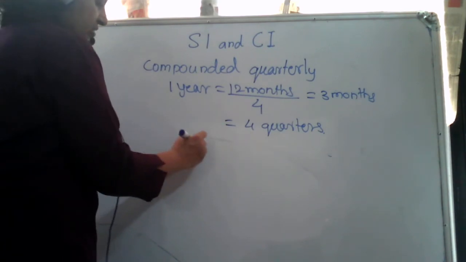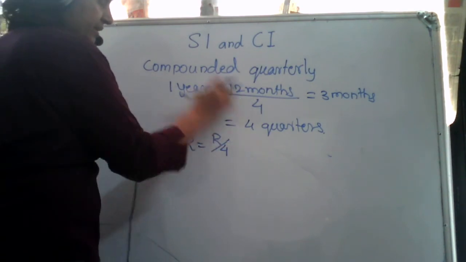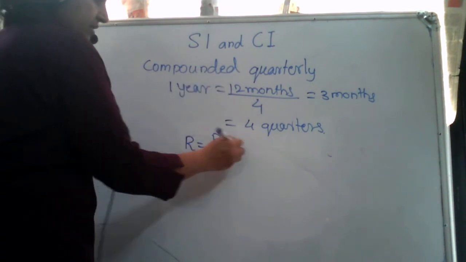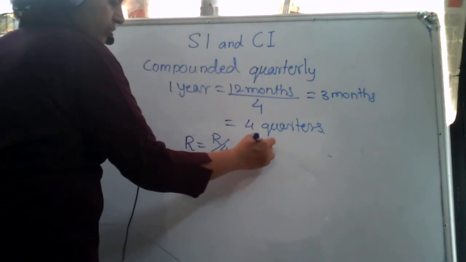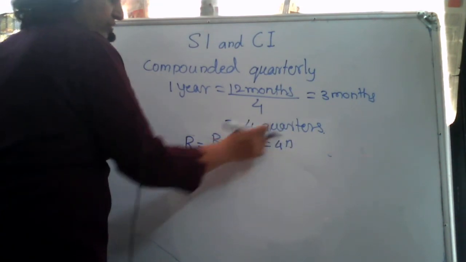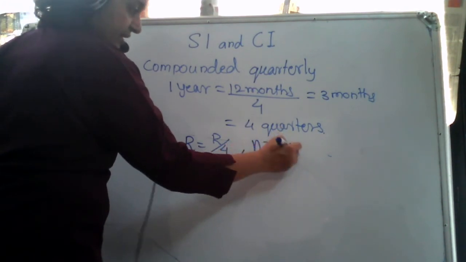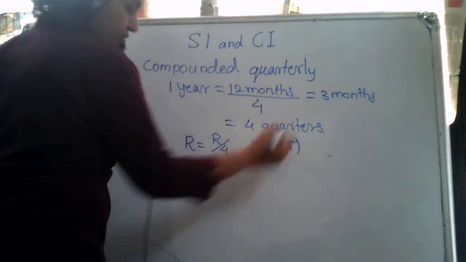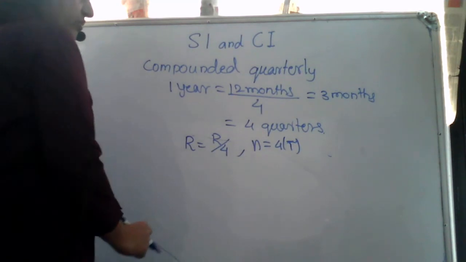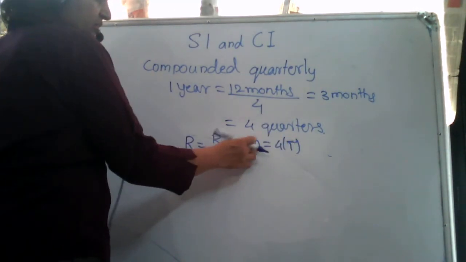R also has to be divided by 4 because it is quarterly compounding. And what about n? N should go for 4 times n. N is number of years. Now I should take it as number of years. Time, if you think of it as t, you can write that also. If n is confusing, you can take number of years as t and conversion period as n.